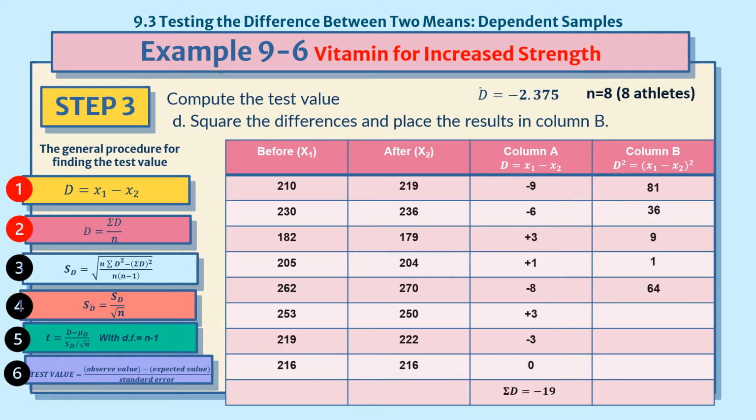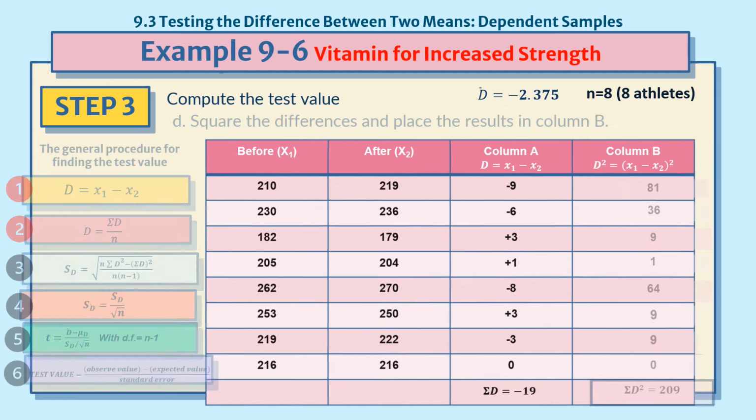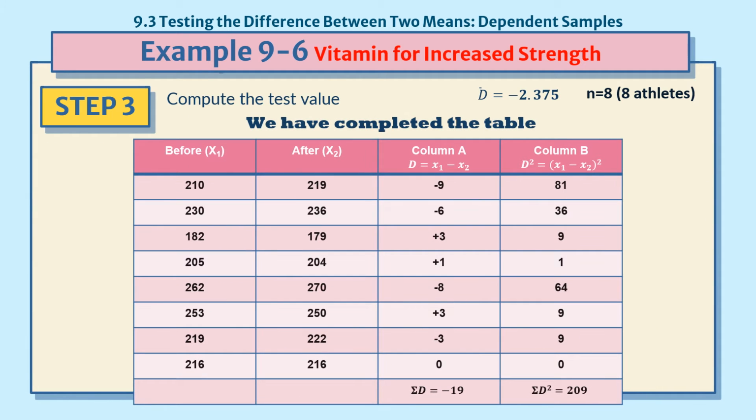Negative 8 squared is 64. 3 squared is 9. Negative 3 squared is 9. 0 squared is 0. Then, we add all the values for our column B. We have the summation of d squared equal to 209. So we have completed the table.